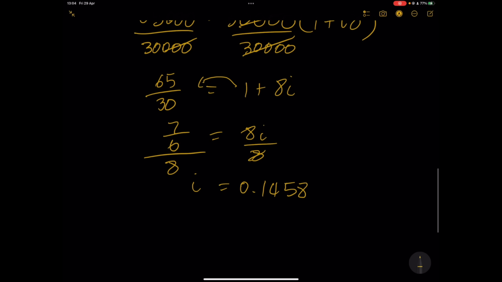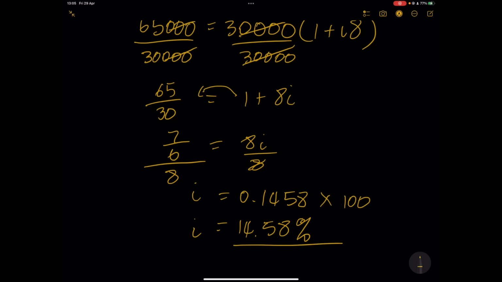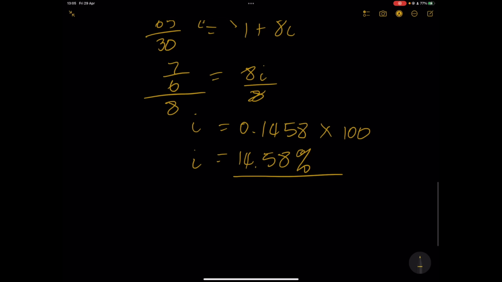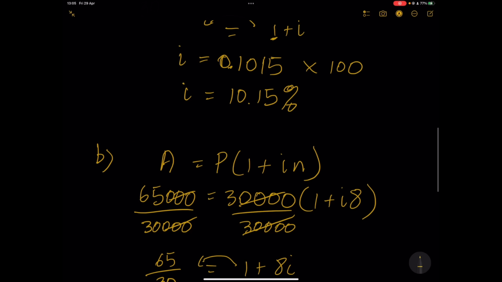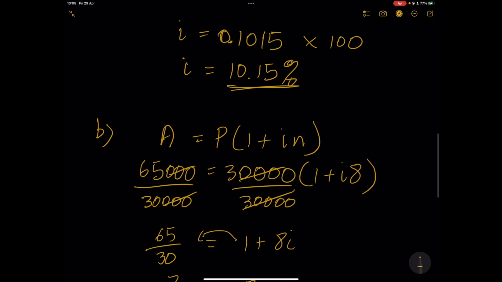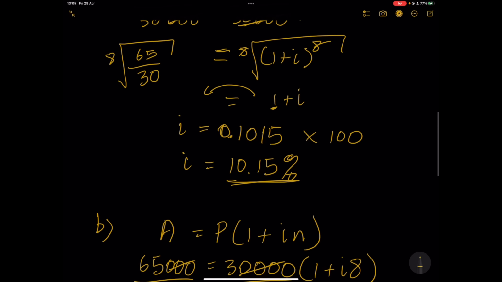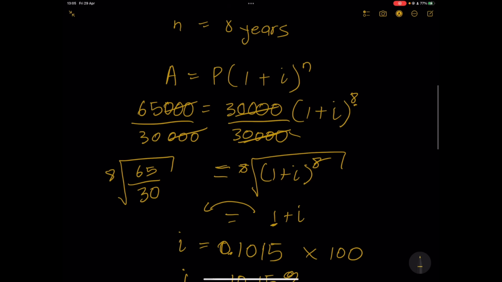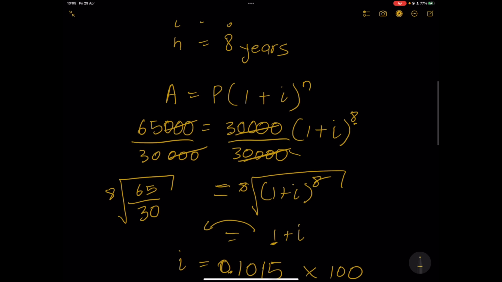But remember, interest rate, you multiply by 100, and so that would give us 14.58%. And do you see, once again, ladies and gents, you would need to actually apply a far bigger interest rate if you were to use simple interest as opposed to compound interest. And I hope that makes the issue of compound interest quite clear for you, and the difference between simple interest and compound interest.